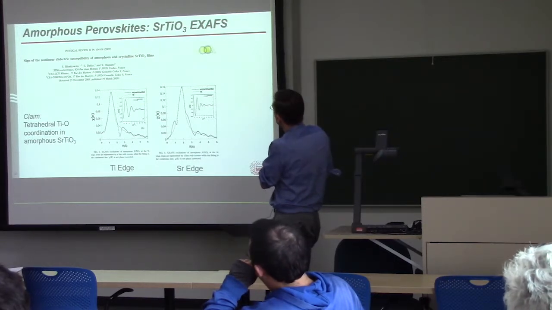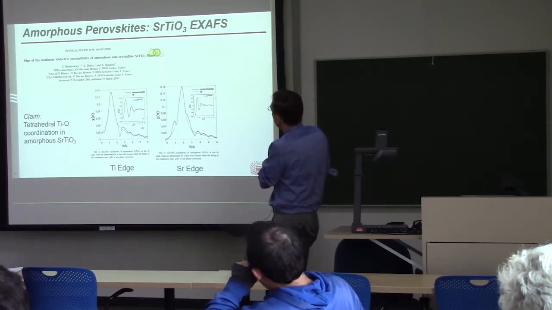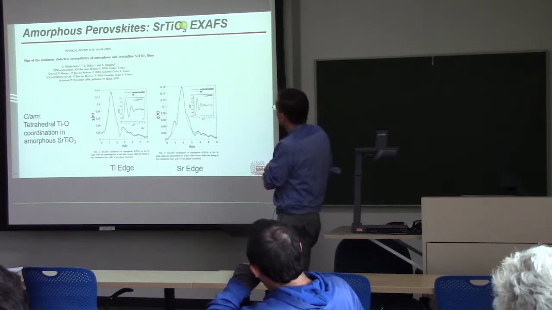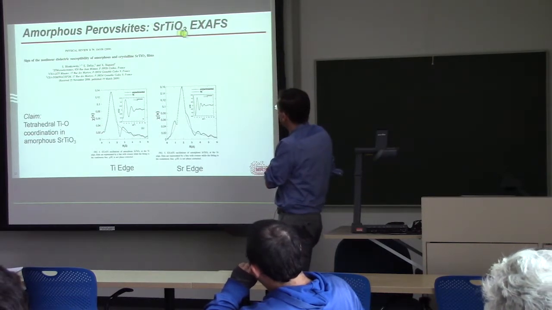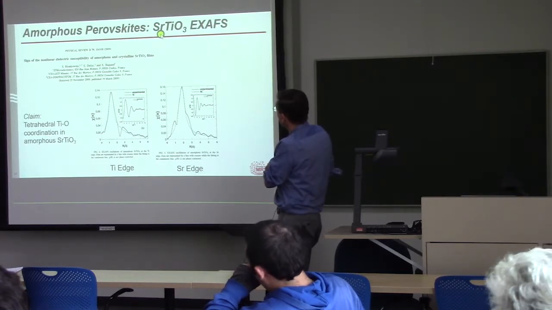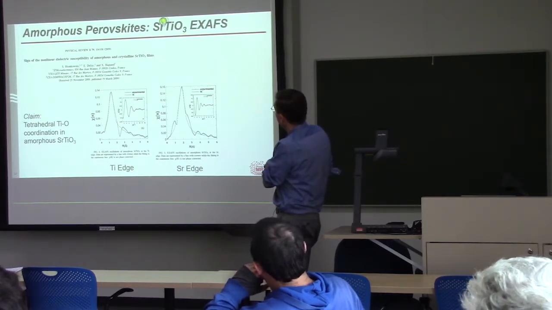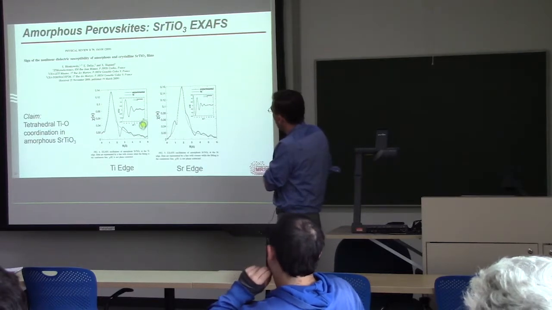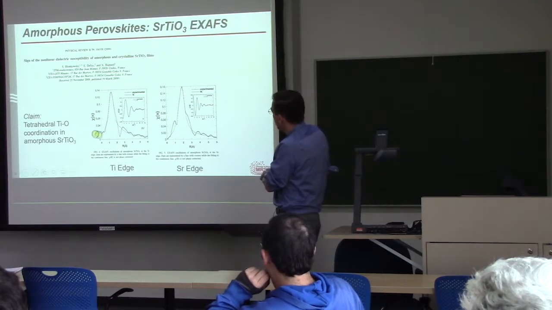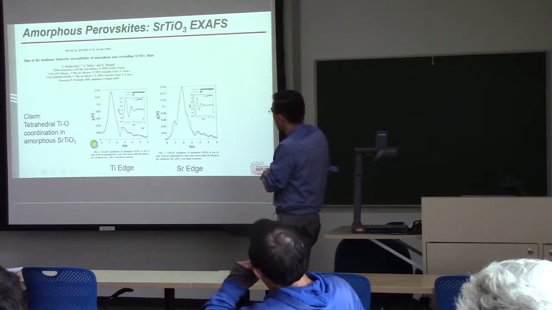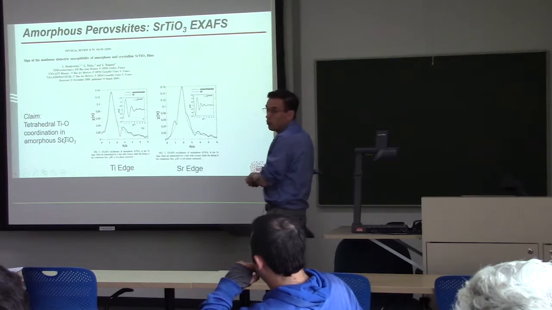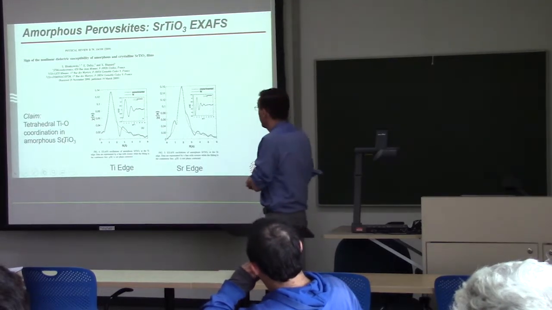This is a material, strontium titanate. It's a perovskite. In the crystal it'll form a simple cubic structure with an octahedral arrangement around the titanium. In the glass, you can do an X-ray spectroscopy experiment that seems to show that there's tetrahedral TiO coordination, which may inhibit crystallization.